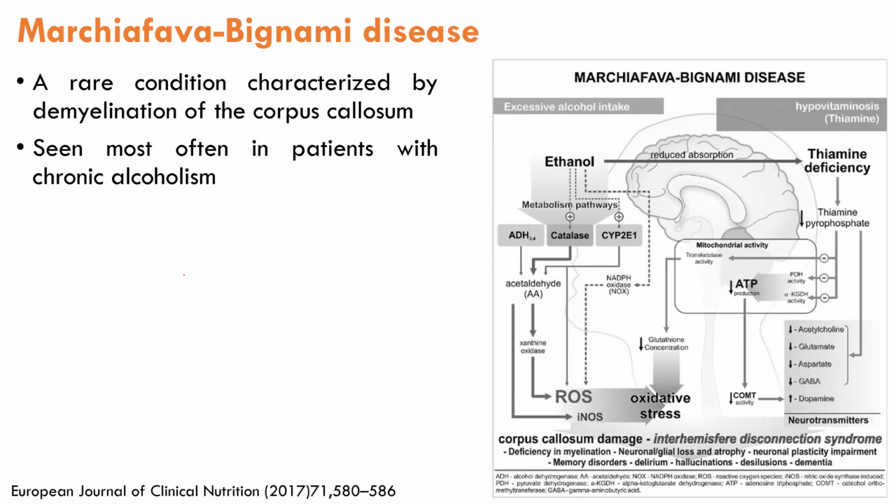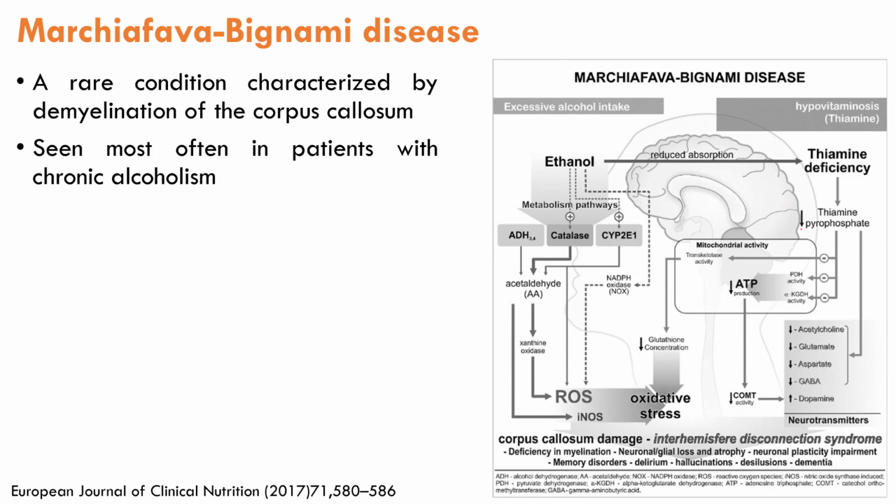There's another condition that is very rare but related to thiamine deficiency called the Marchiafava-Bignami disease, which is characterized by the demyelination of the corpus callosum. And this is seen most often, again, in patients with chronic alcoholism.